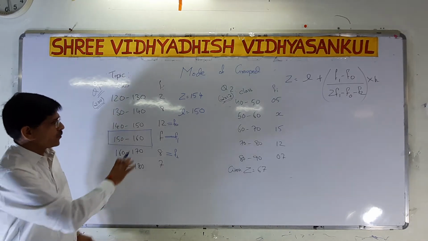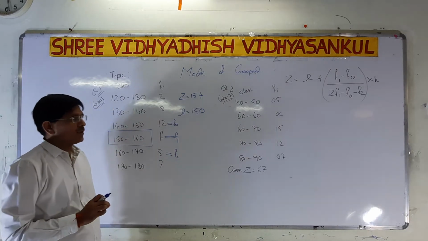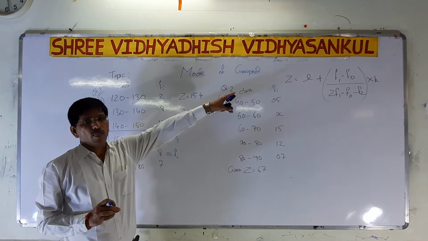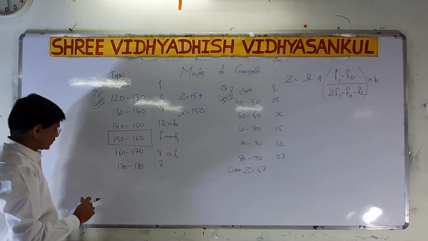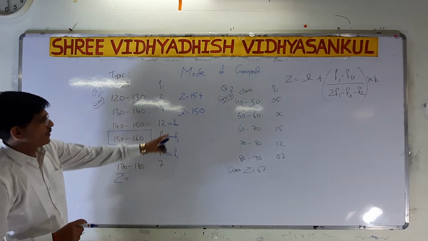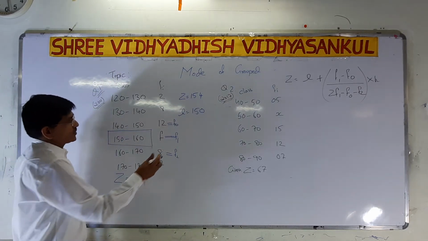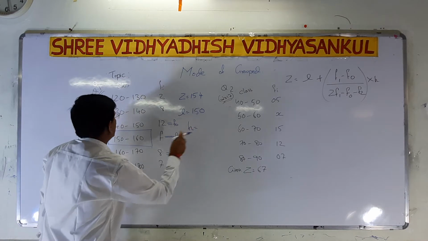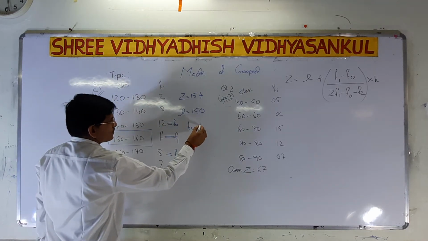So now we have everything. Now we have to put in the values. The height H, that is the class difference, is 10.